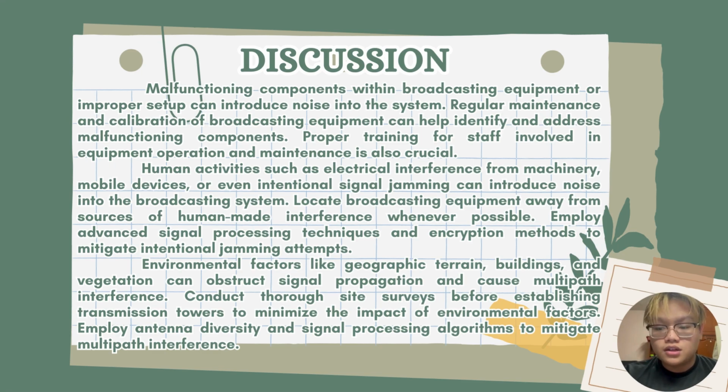For the last one, environmental factors such as geographic terrain, buildings, and vegetation can obstruct signal propagation and cause multipath interference. We can conduct a site survey before establishing a transmission tower to minimize the impact of environmental factors. We also employ antenna diversity and signal processing algorithms to mitigate multipath interference.